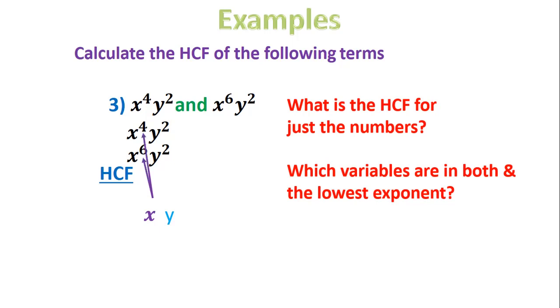For my x, I've got a 4 and a 6, and I choose the lower one, and so it's x to the power of 4. For my y's, I've got a y squared and a y squared, and so the lowest of those is just y squared. And there I have my HCF. There are no coefficients or numbers at the front. Remember, there's an invisible 1. It's just x to the power of 4 y squared.